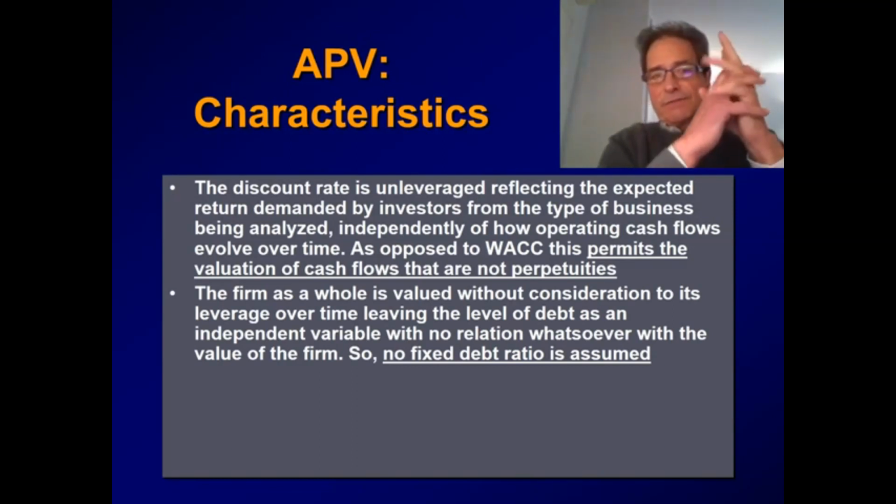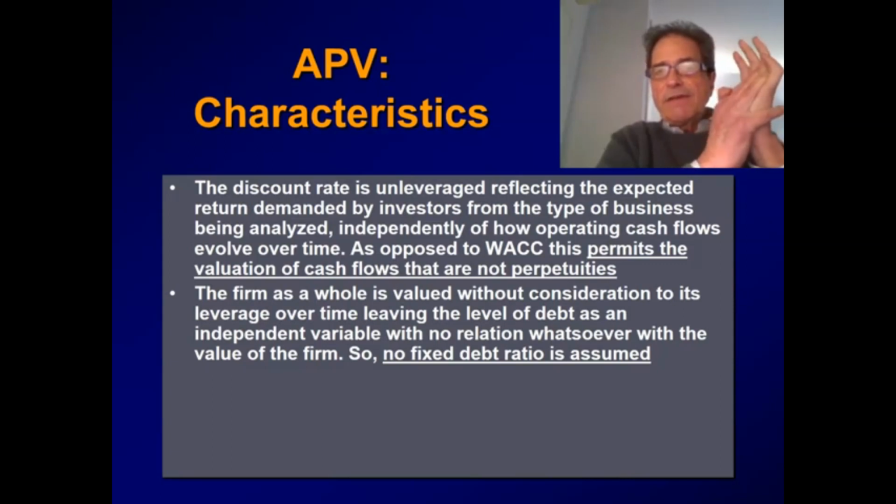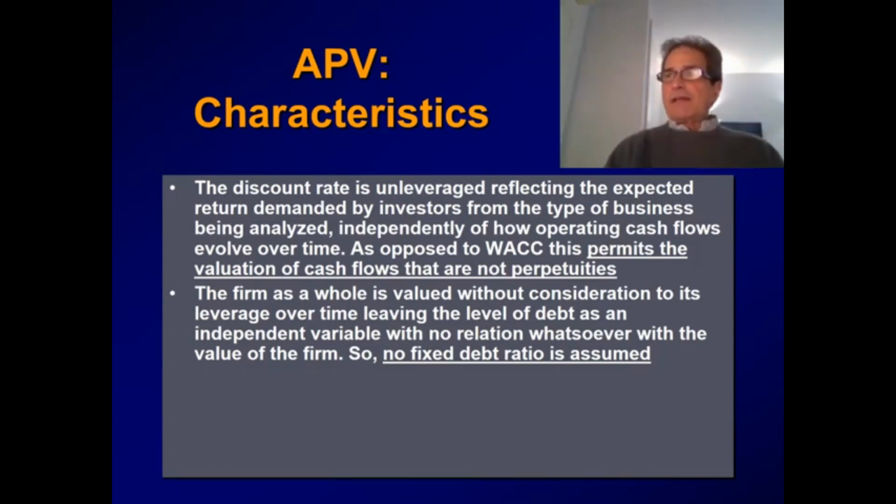APV characteristics. Well, the interesting thing about APV is that we use the discount rate for the unlevered firm, rho, and this discount rate, of course, does not depend on the level of debt and does not depend on the profile of the cash flows. So whatever the shape of the cash flows, during the horizon, rho will stay unchanged.